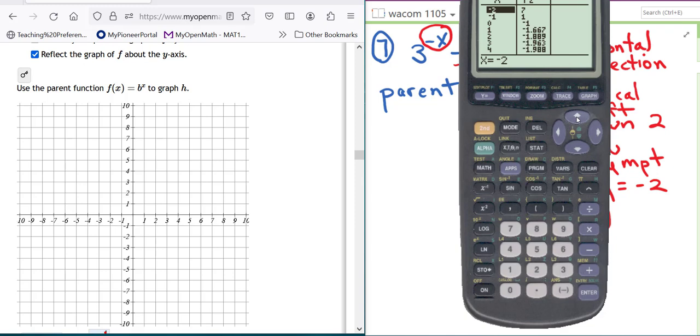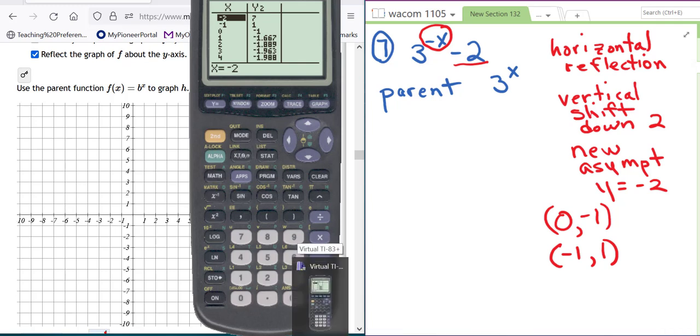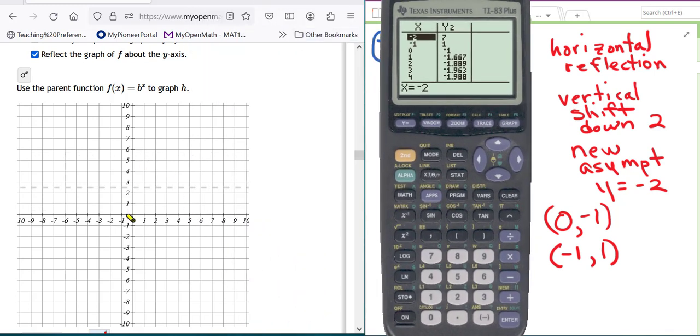All right, so how about -1, 1? Those 2 points should do it. All right, now I can get the calculator out of the way.